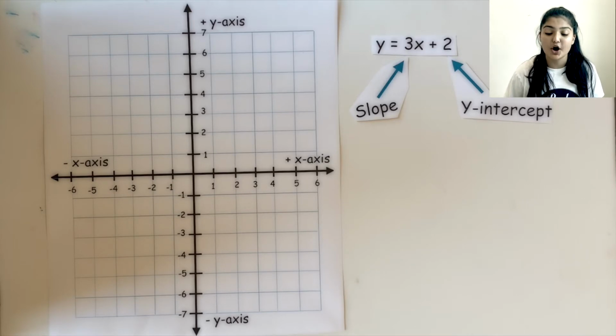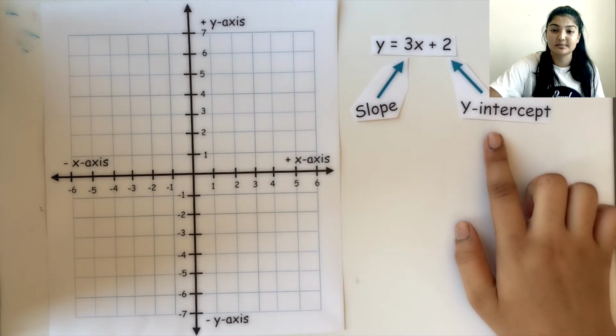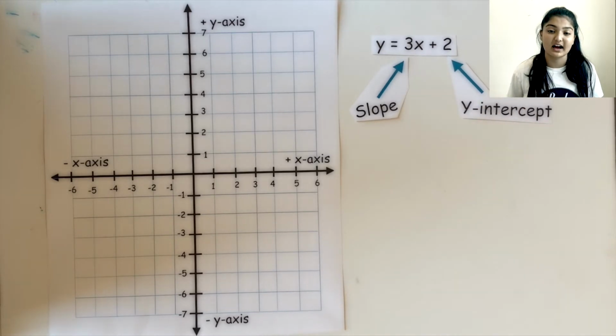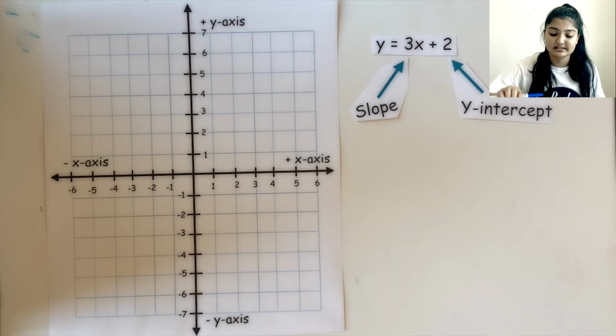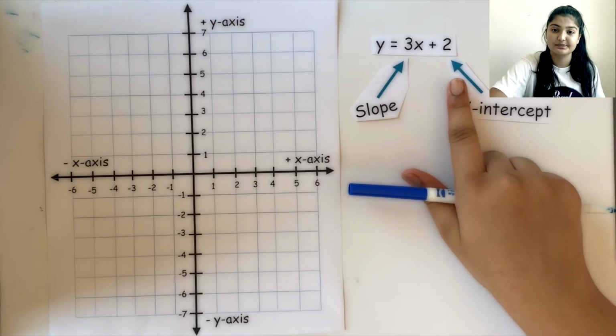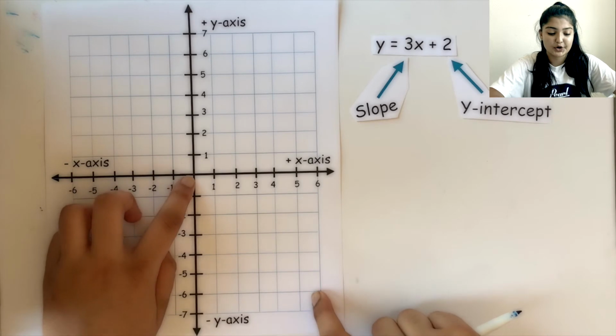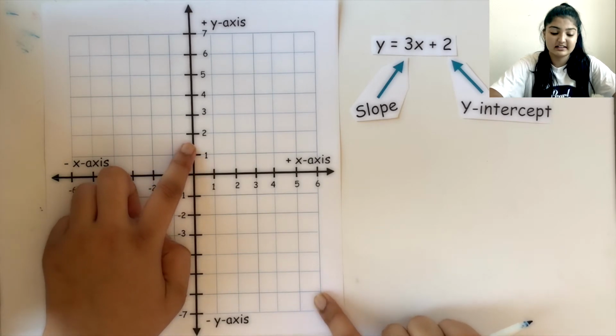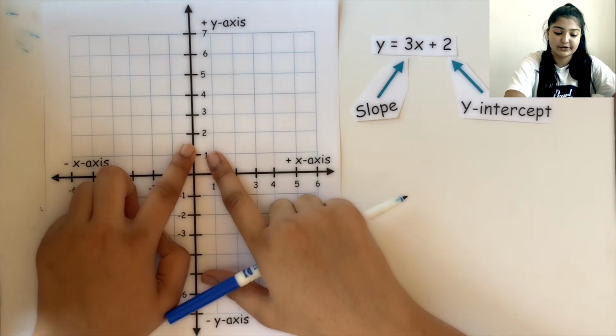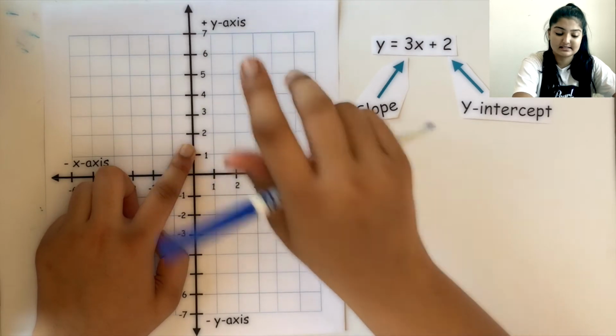And we already know the y-intercept, which is where the line meets the y-axis. So let's start by making a point there. The y-intercept is at +2, so we can make a point at +2 on the y-axis.